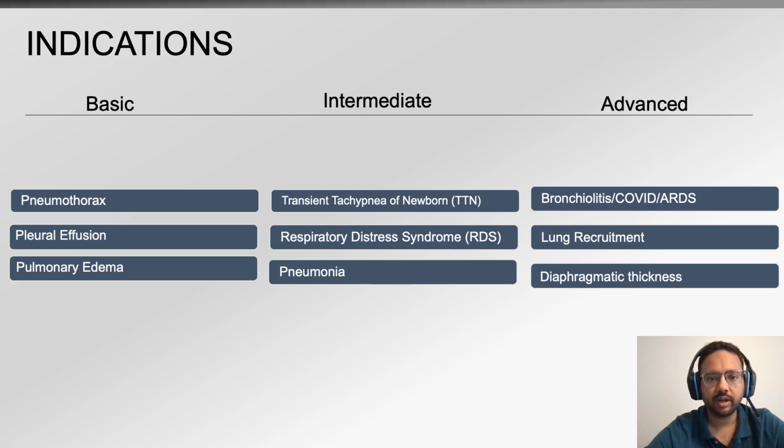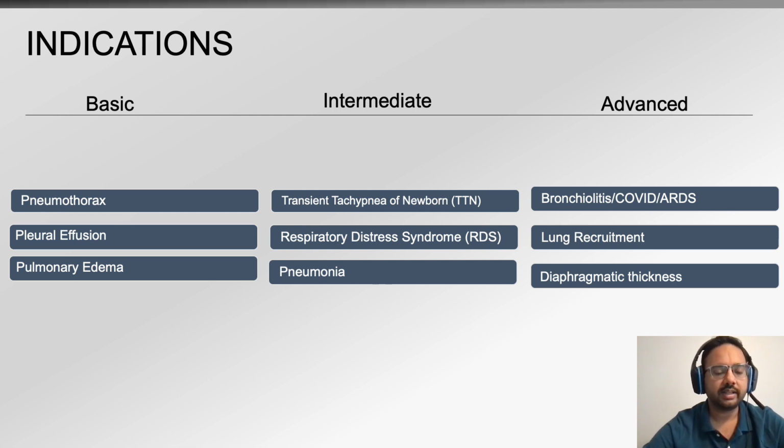The intermediate ones are the techniques which also have strong evidence in the literature, but there is a little bit of a learning curve before one becomes comfortable with them. And then finally, the advanced indications are ones which may be appropriate for a few patients in certain settings, but may not be useful as widely disseminated tools.